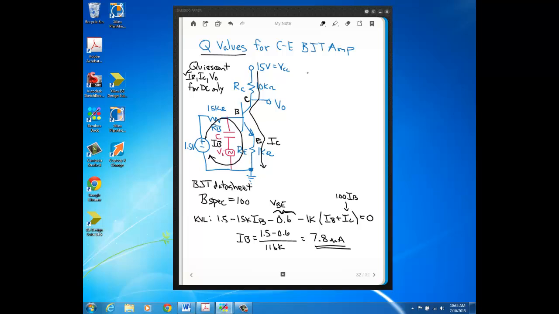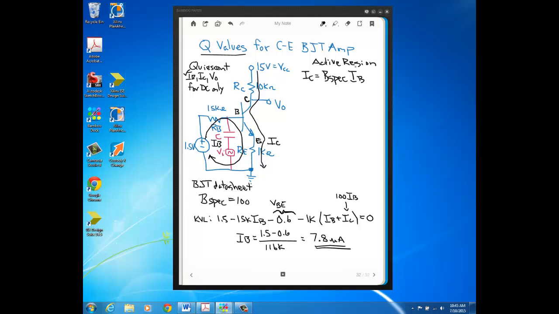Now IC, as we just saw a moment ago when we solved the KVL equation, is just beta spec IB. This equation is always true as long as you're in the active region of the IB curve that we talked about in the previous video.